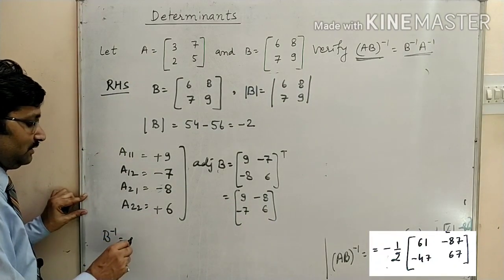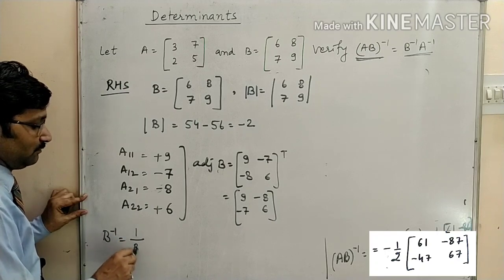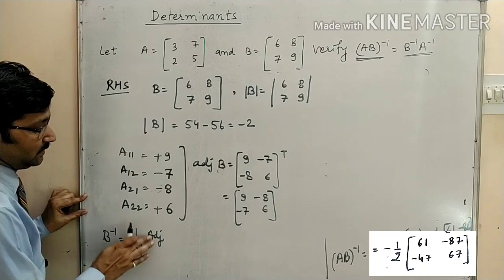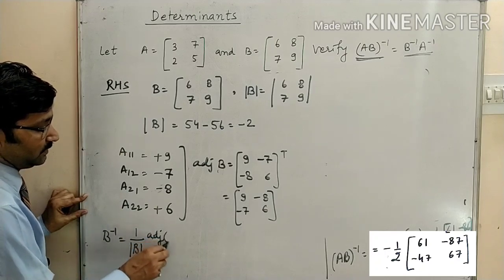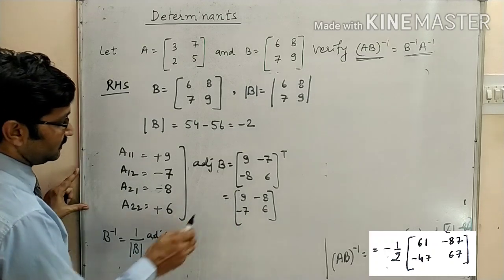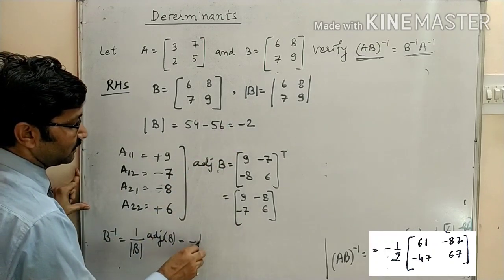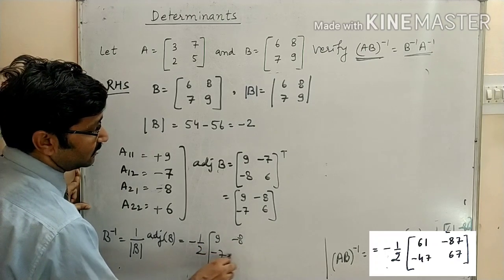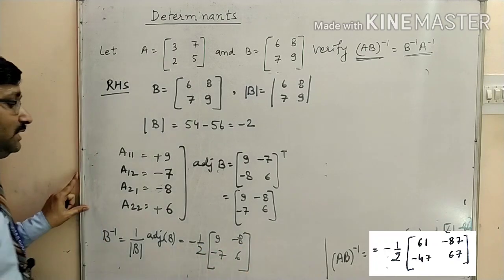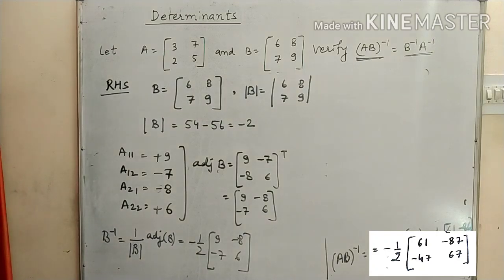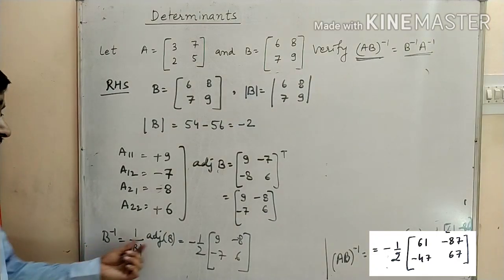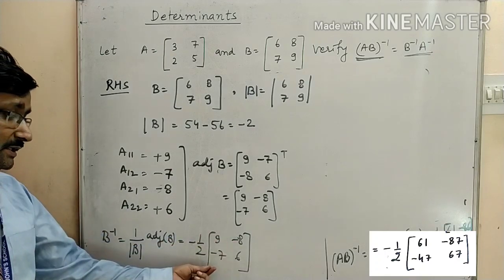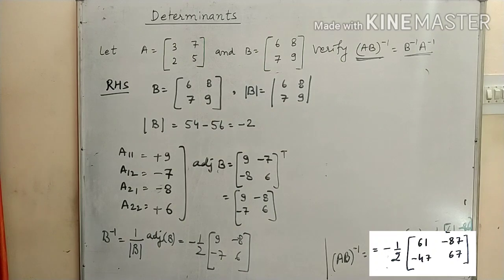B inverse will be equal to 1 upon B determinant times adjoint B. We have minus 1 upon 2 times the matrix: first row is 9, minus 8, and second row is minus 7, 6.